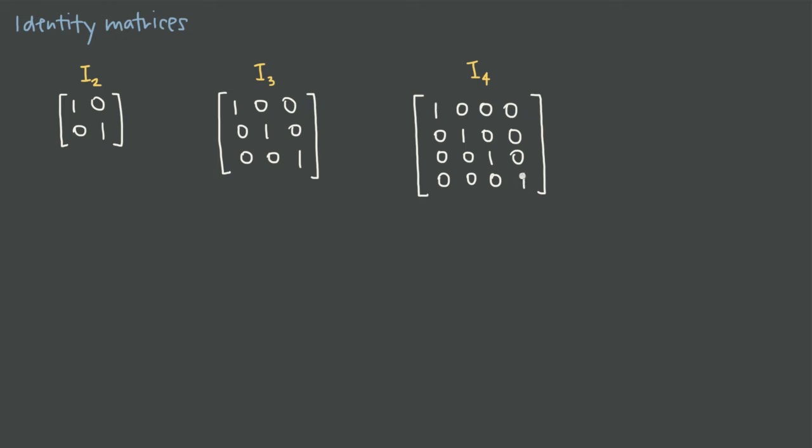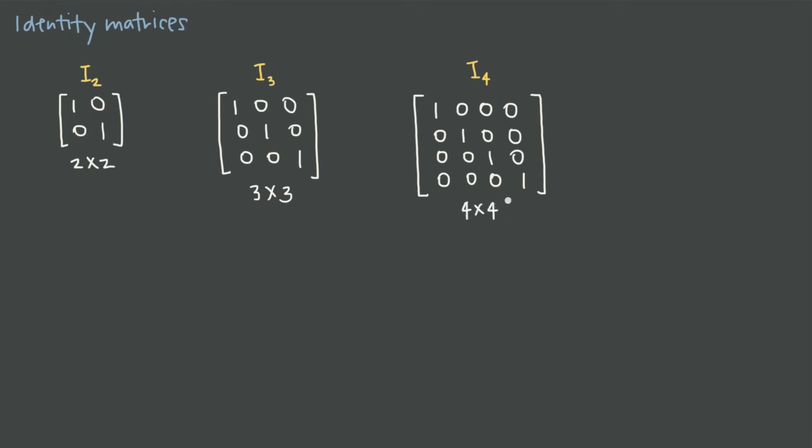In the same way that we use a capital O to indicate the zero matrix, we always use a capital I to indicate the identity matrix, and the only reason that we subscript it with a 2 or a 3 or a 4 is to tell you the dimensions of the identity matrix. The identity matrix actually always has to be square. You'll notice here that this is a 2 by 2, this is a 3 by 3, and this is a 4 by 4.